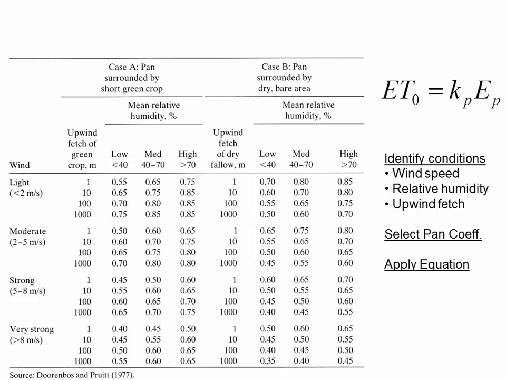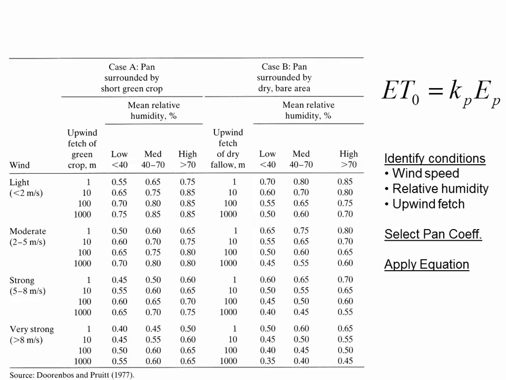Now, let's look at the difference between being surrounded by dry, bare area and being surrounded by a short green crop. So we used a pan coefficient of 0.6, but if it had been surrounded by grass, then it would be 0.75.